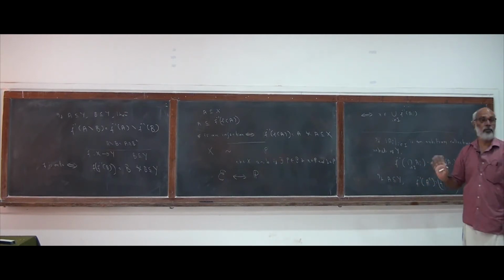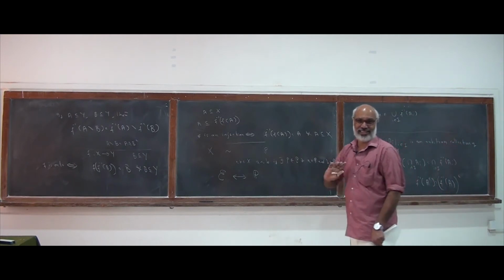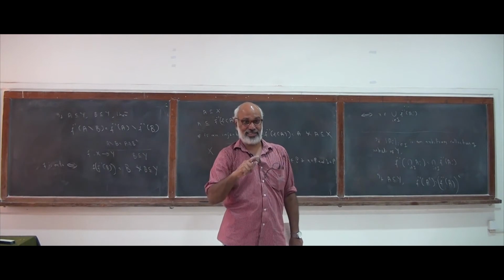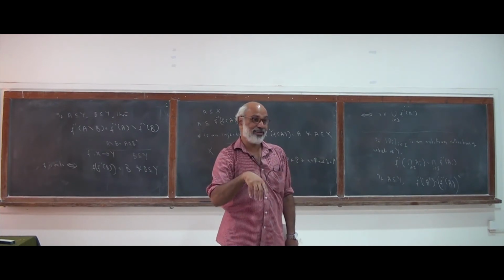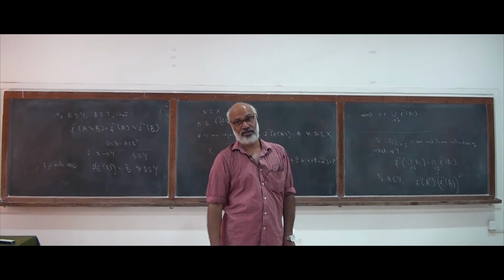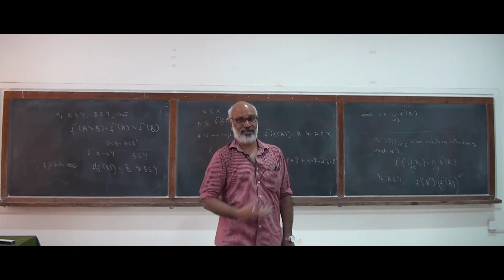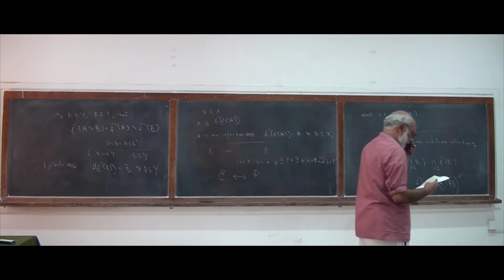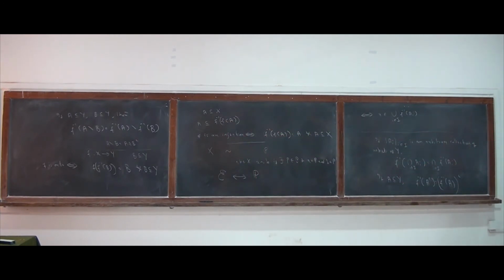If you can prove both these things, that is actually we are proving that there are two functions f and g, so that f composed with g and g composed with f are identity maps, and therefore they will be inverses of each other, and this will be a one-one correspondence. So kindly verify this result.